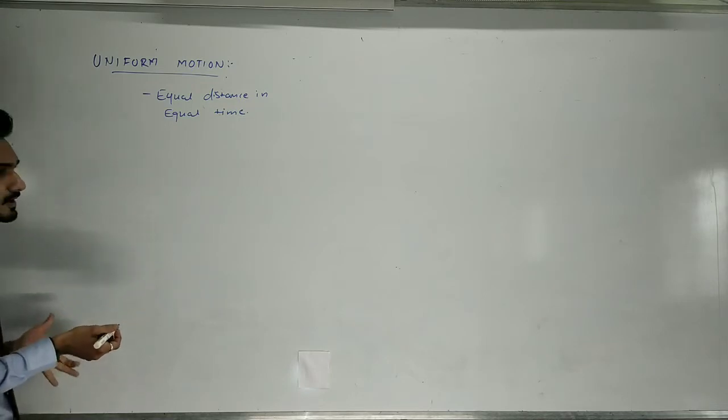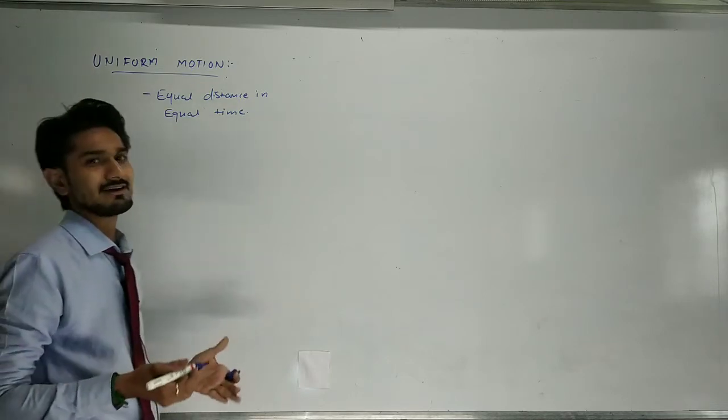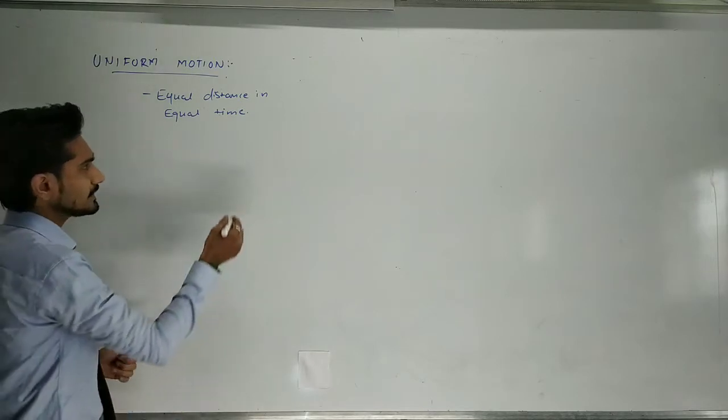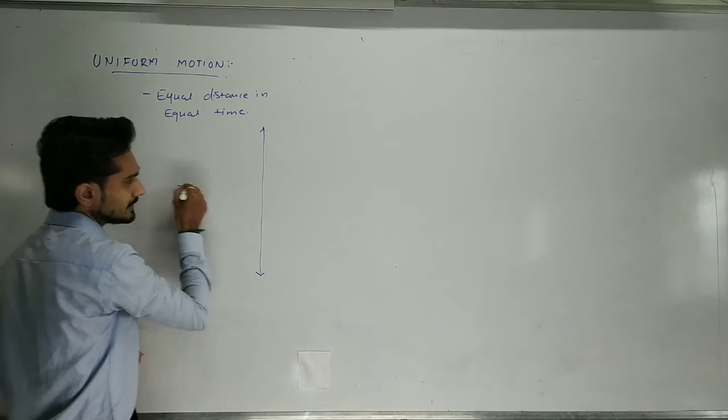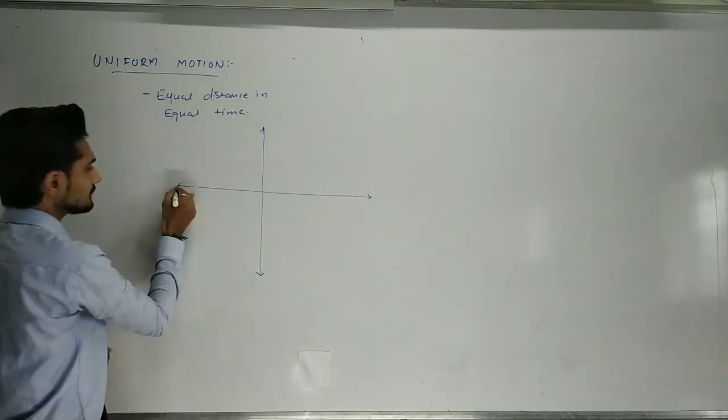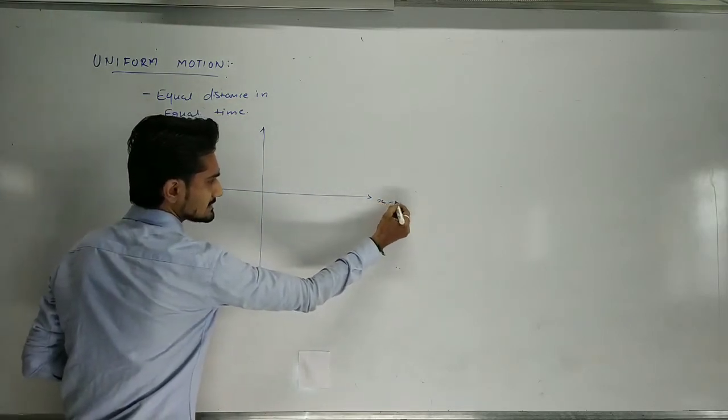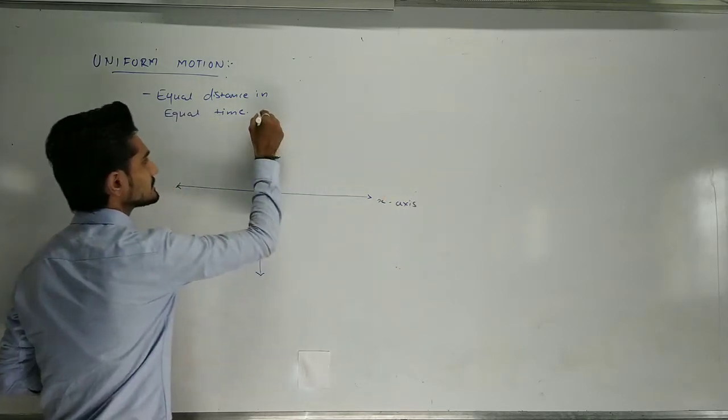So for that I need to plot a graph. Now what should I take to draw a graph? First of all I need to take the two axes. As you know, one axis is defined as x and another is defined as y. So this is the x-axis and this is the y-axis.